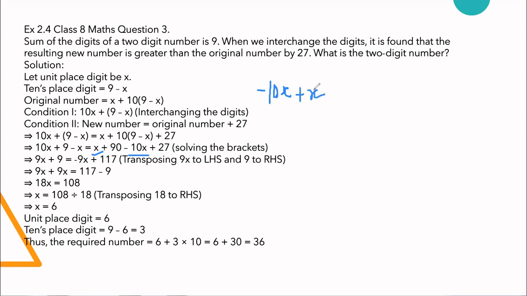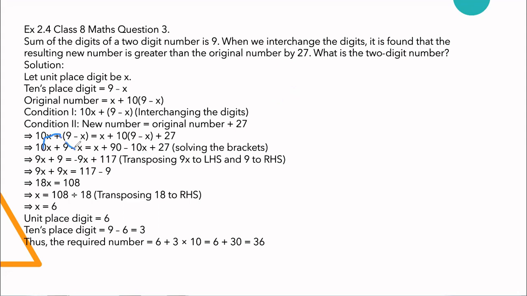So now, minus into plus is nothing but minus. So 10x minus 1x is nothing but 9x, right? So how did I get the minus? Because of the greater sign, that is 10. Now, if I add 90 plus 27, what do I get? 117.